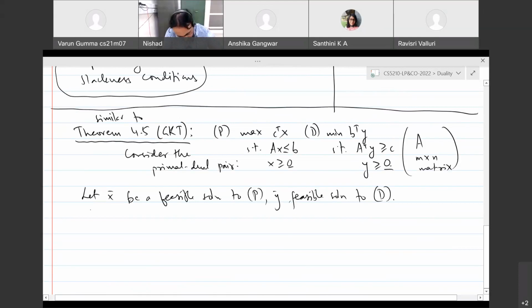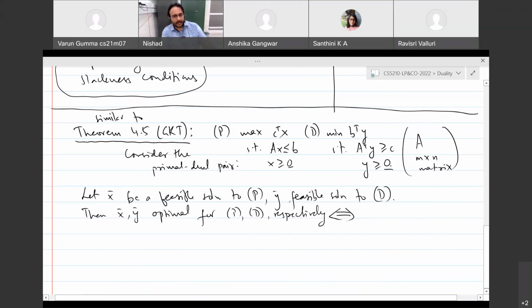So the theorem says that X bar and Y bar are optimal for the primal and the dual respectively, if and only if the complementary slackness conditions hold.